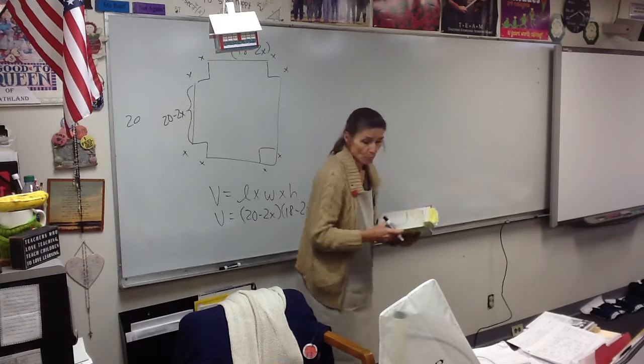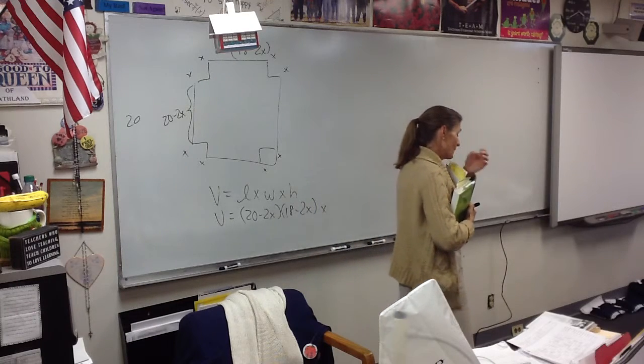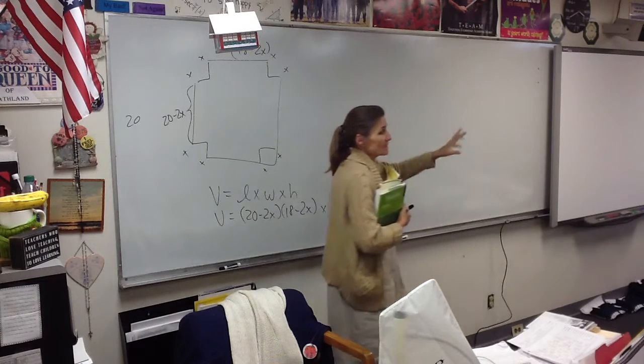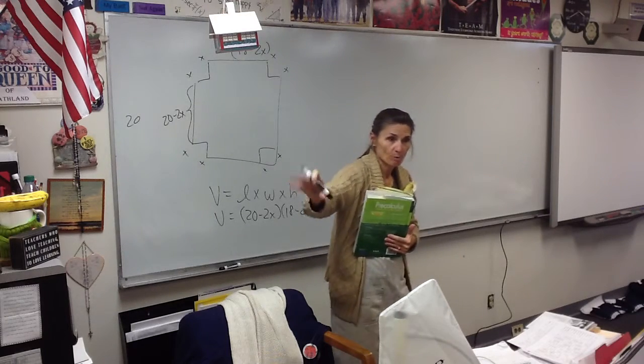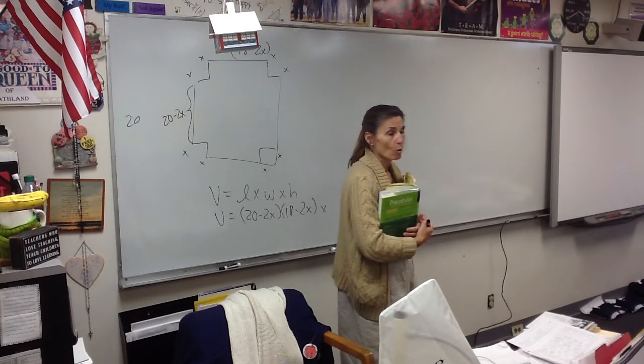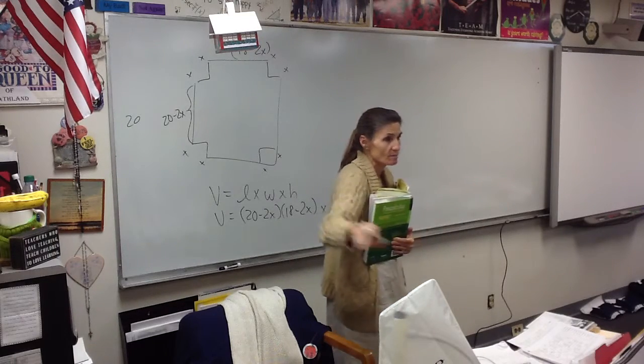These are the mixture problems. You remember doing these in first year algebra? You mix a percent solution and another percent solution and you end up with another percent solution, right? Or you mix so many pounds of peanuts with so many pounds of cashews and you get this mixture.